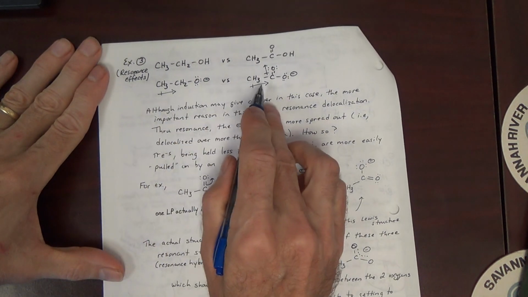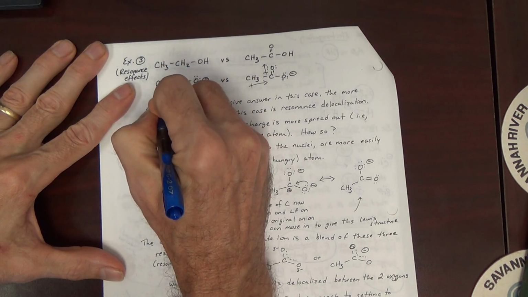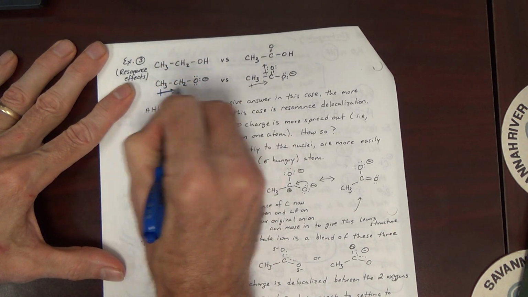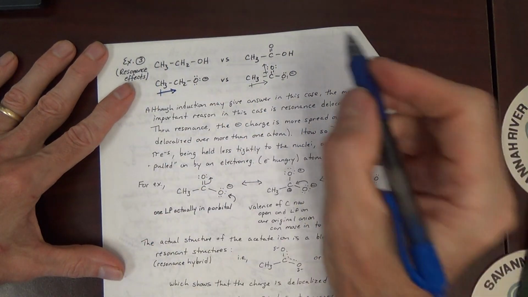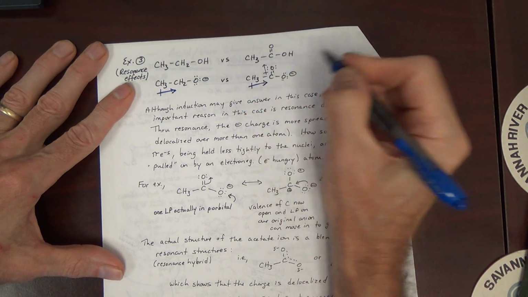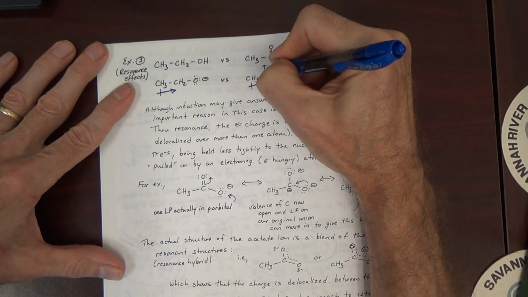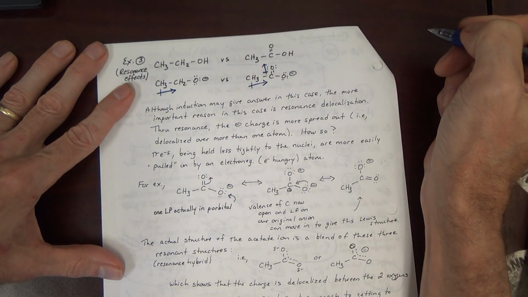Now inductive effects will actually give you the right answer. We've got these sp3 carbons and these donate towards the anion. That's not going to stabilize it, that's going to hurt it. This sp3 carbon donates, but the oxygen here pulls away from the carbon that the group is on.